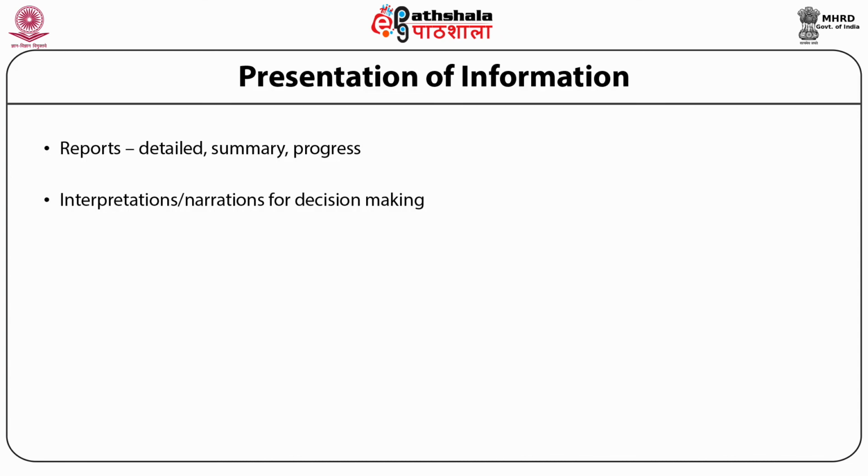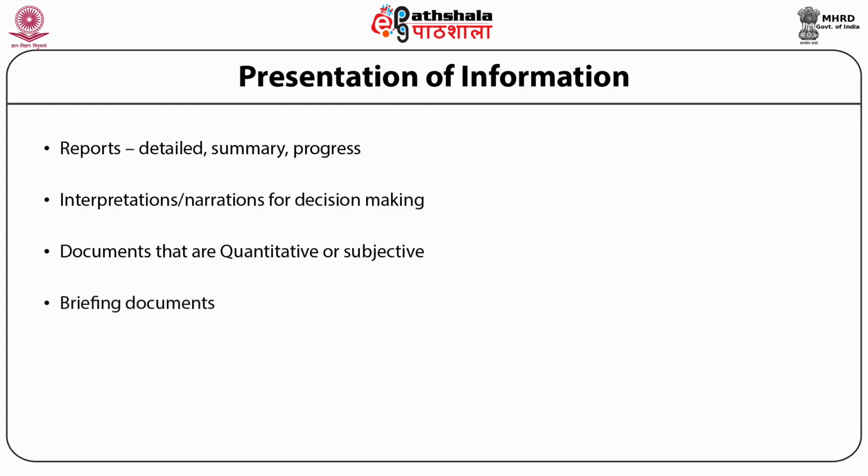The interpretations and narrations which are prepared for decision making depend on the level to which the information is provided. As already said, higher the level of management, lesser will be the amount of information presented for decision making. Thirdly, documents that are quantitative or subjective. Fourthly, briefing documents.